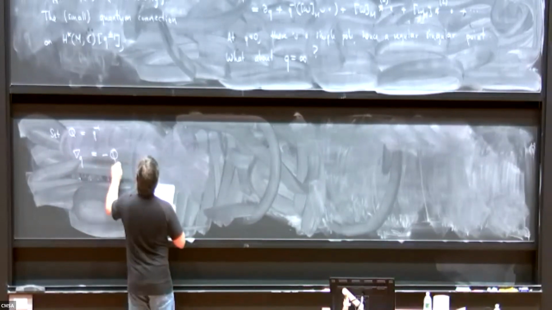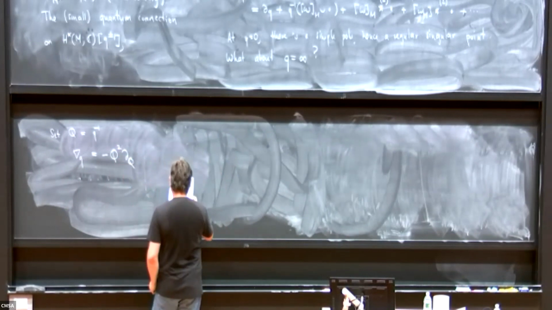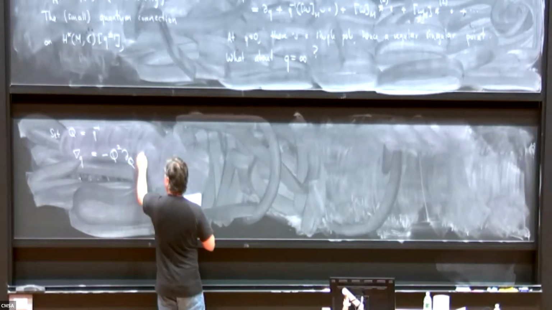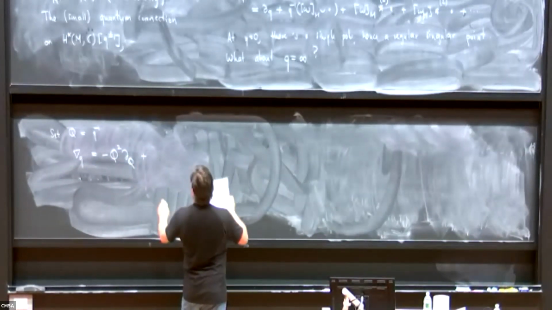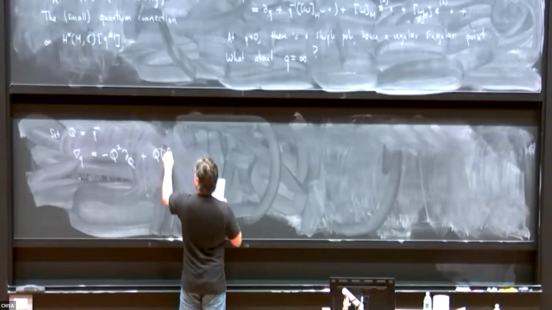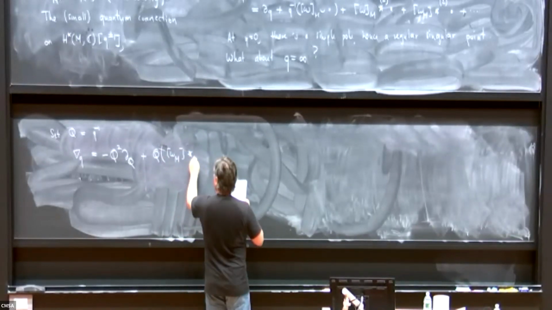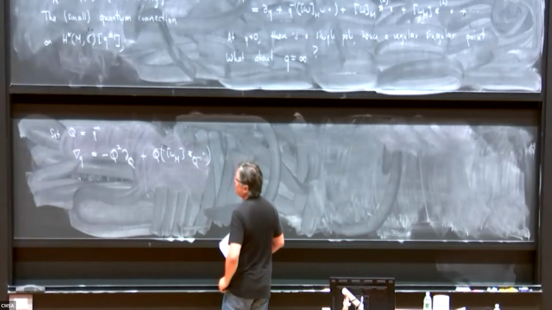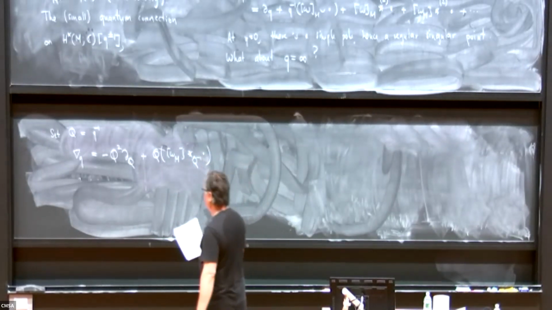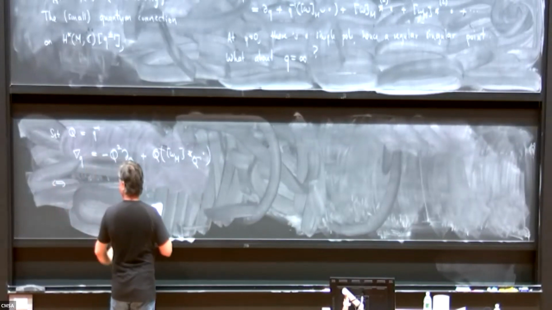So d by dq is minus q squared d by dq, and then there is a q times. So now the formal variable here, instead of being q, is obviously q inverse. Or in other words, you just want to write it as a connection.